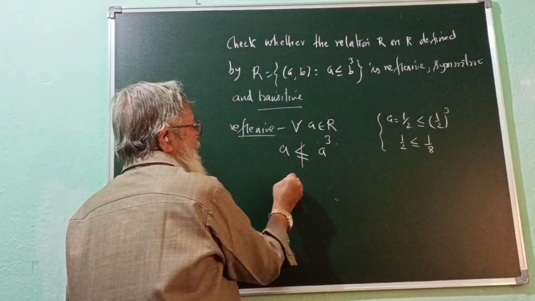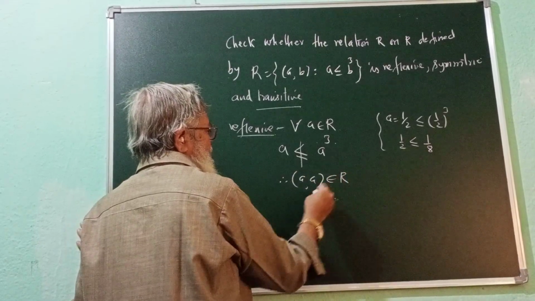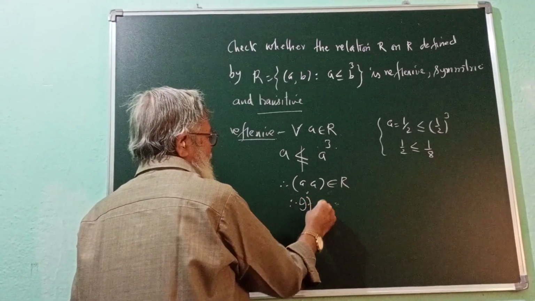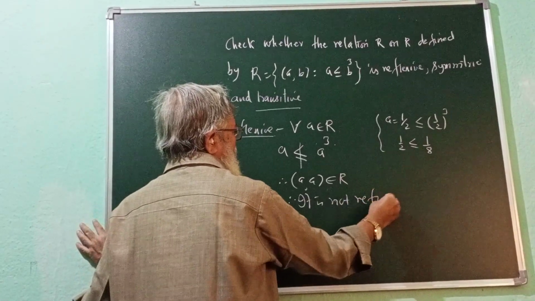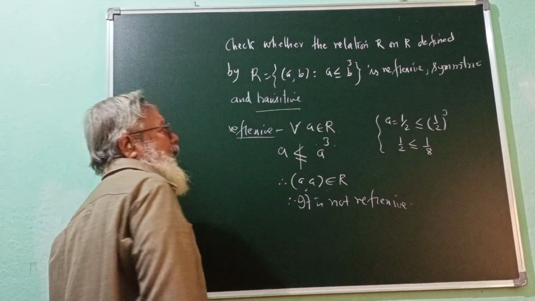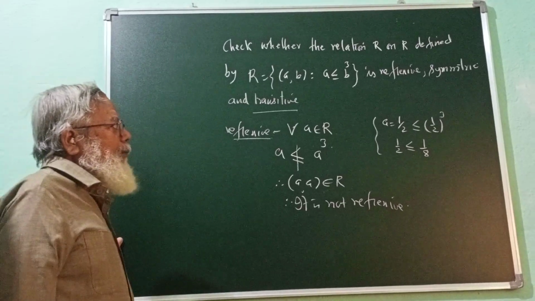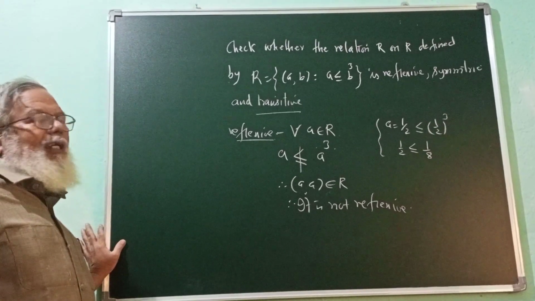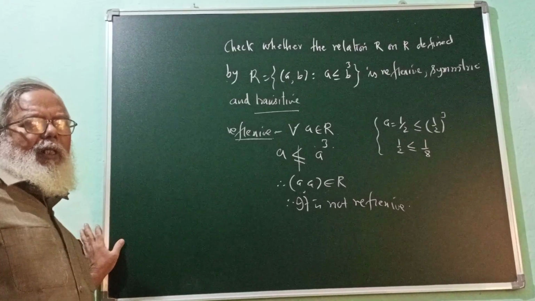So (a, a) does not belong to R. Therefore it is not reflexive. From this example you can understand that 1/2 cannot be less than or equal to 1/8, because 1/8 is a much smaller quantity than 1/2.